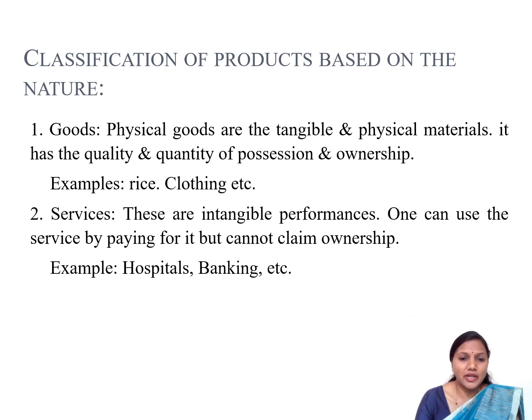He can buy it in a certain quality, and he can possess it by taking the ownership of the product. For example, rice. You can see, you can touch. By paying money, you can buy it, and you can have the ownership of the product.